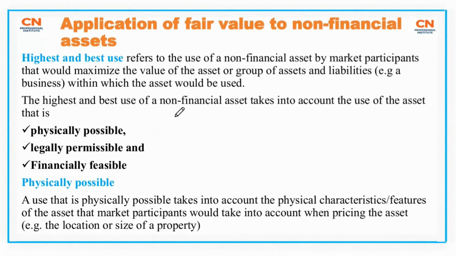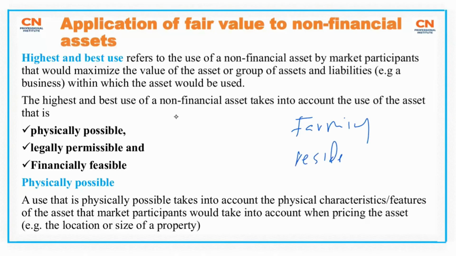All right. Or the liability. So we are looking at the value. We are looking at the use that will maximize the value of the asset or group of assets or liabilities, right? Now, for example, let's say you have a plot of land that you can use for farming, and then you can also use for residential purposes.